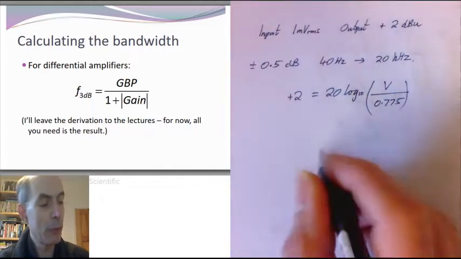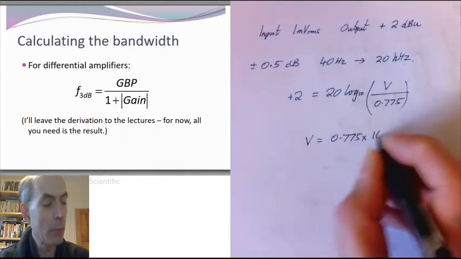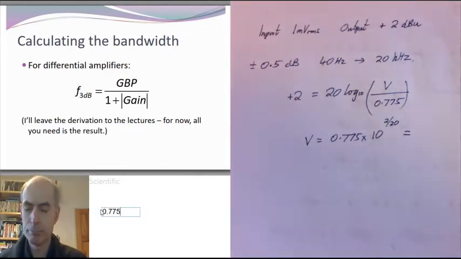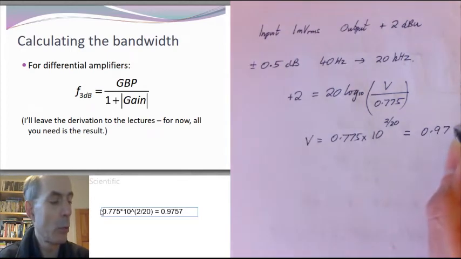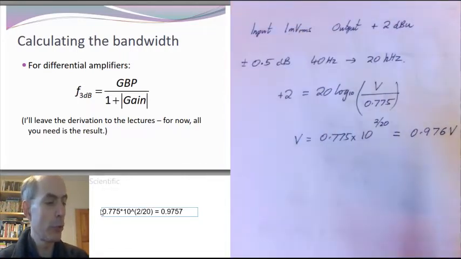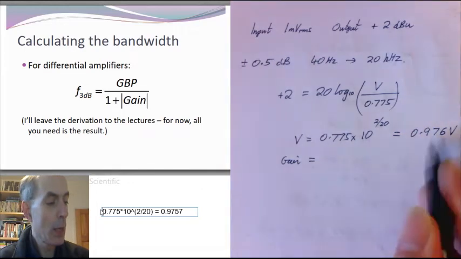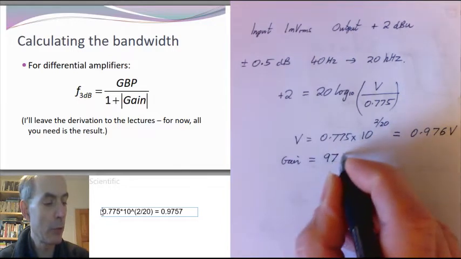A bit of maths on that produces that V equals 0.775 times 10 to the power of 2 over 20, which is equal to 0.976, it's close enough, volts. Right. If 1 millivolt input is going to produce that output, that means that our gain has to be 976. Gain, output divided by the input, in this case 976.